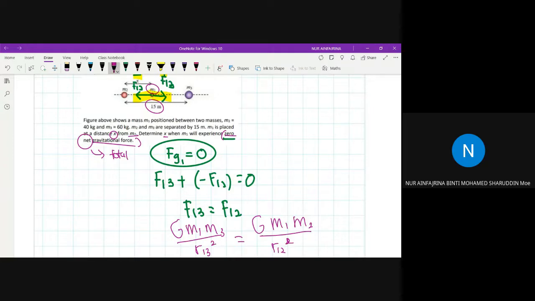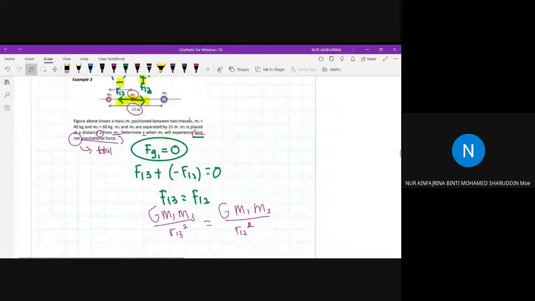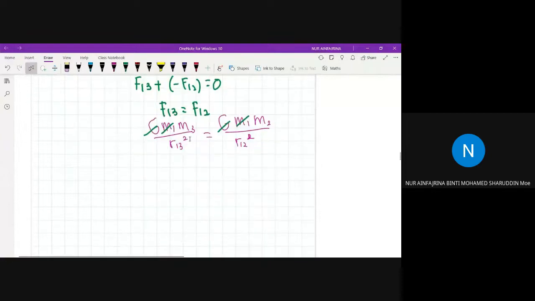So bila dah masuk dekat sini, apa yang awak boleh potong? Kita buat matematik sekarang. Apa yang sama? G dan juga M1. So bila awak potong G dan M1, awak akan tinggal dengan M3, mass 3 over distance from 1 to 3 squared equals to mass 2 over distance from 1 to 2 squared.